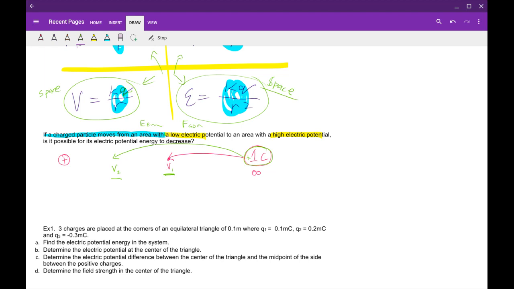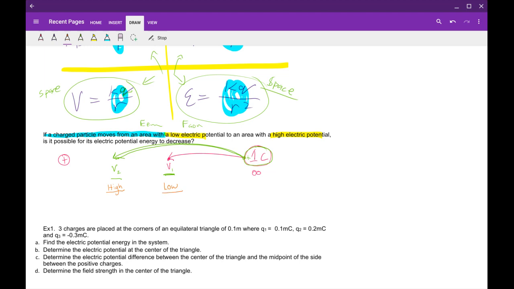Now, if I move from infinitely far away to here, does it require more energy or less? More. The answer is more energy. So this is now a location of high electric potential, and this is a low electric potential.